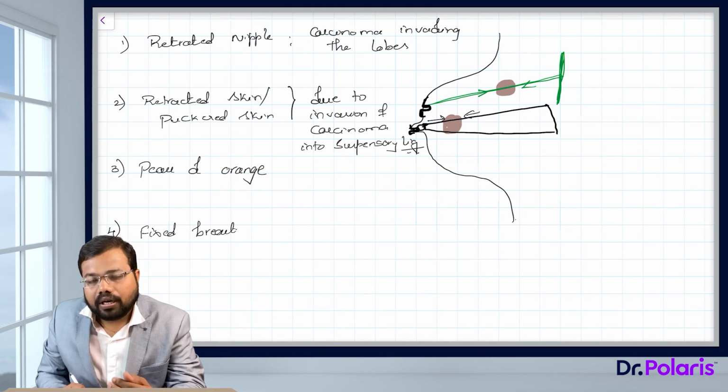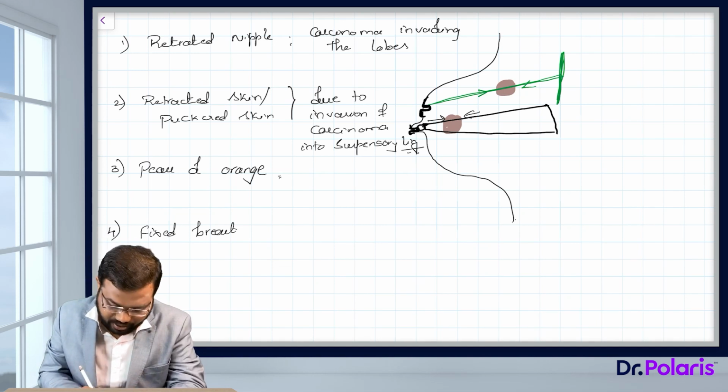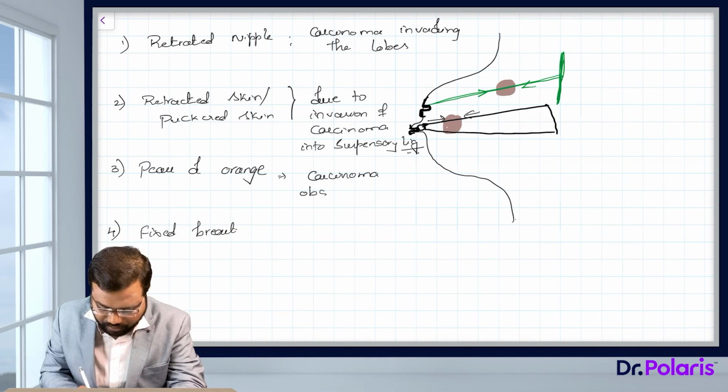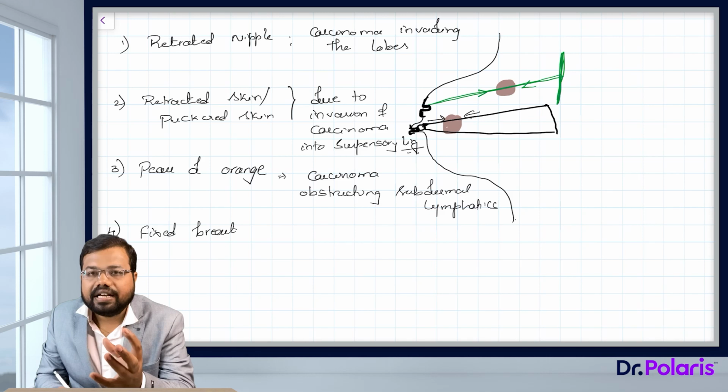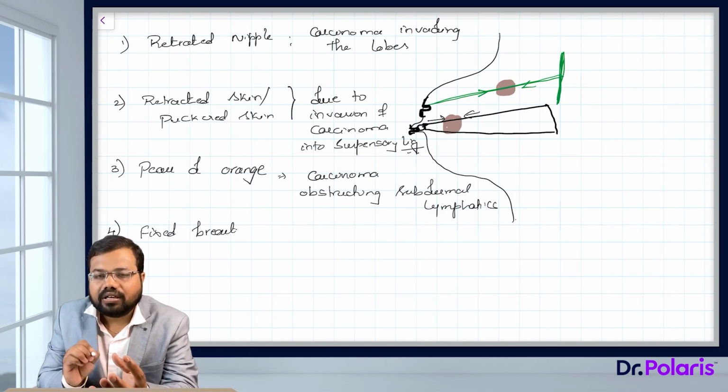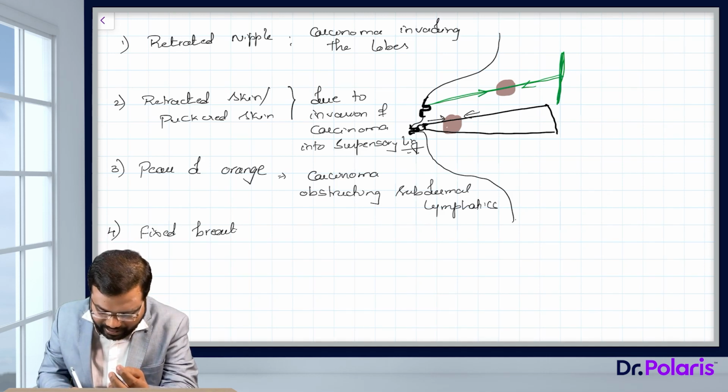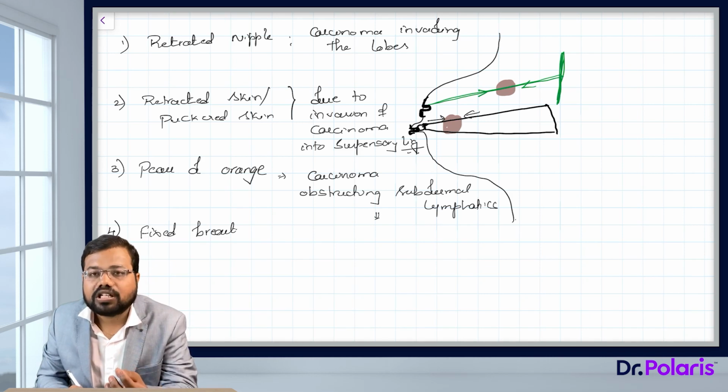If the subdermal lymphatics are obstructed by carcinoma cells, then automatically it appears as an edema-like structure with many pores, an orange peel appearance, that's called peau d'orange.